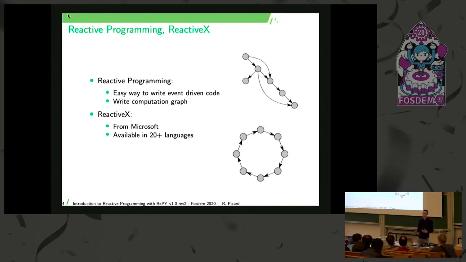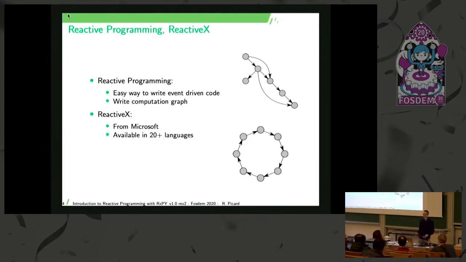Basically, you just write a computation graph, and the transformation will apply to each item that flows through this stream of events. You can write an acyclic graph, like on the top, but also a cyclic graph. And in general, when you have a real application, you have both in it. It's mostly an acyclic graph, but with some parts that contain some cycles.